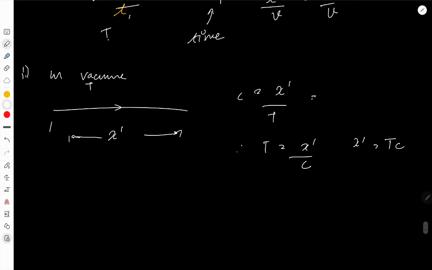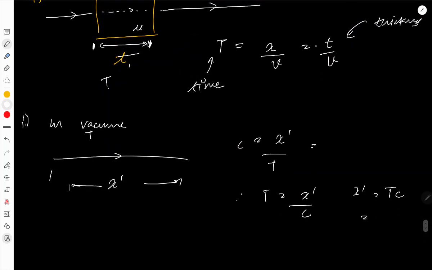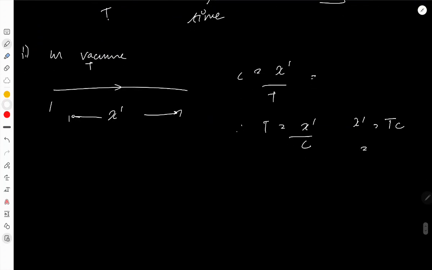But we know capital T is equal to small t by v. From over here I write small t by v times c is x dash, and this x dash is the distance covered in the air, which should obviously be more.